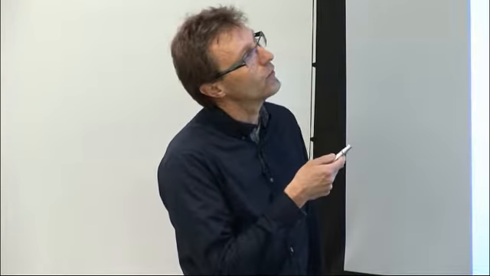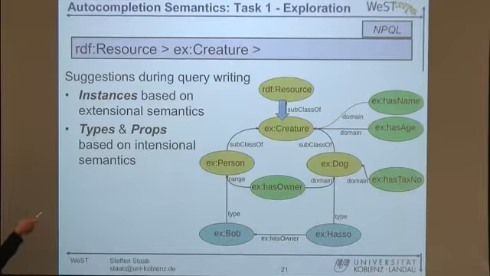And then the instances we derive using the extensional semantics of this expression, plus some further information. Or we can look at types and properties, and we derive the properties or types that may be appropriate in such a situation. Here it would be the types, according to the intentional description of the preceding query expression.